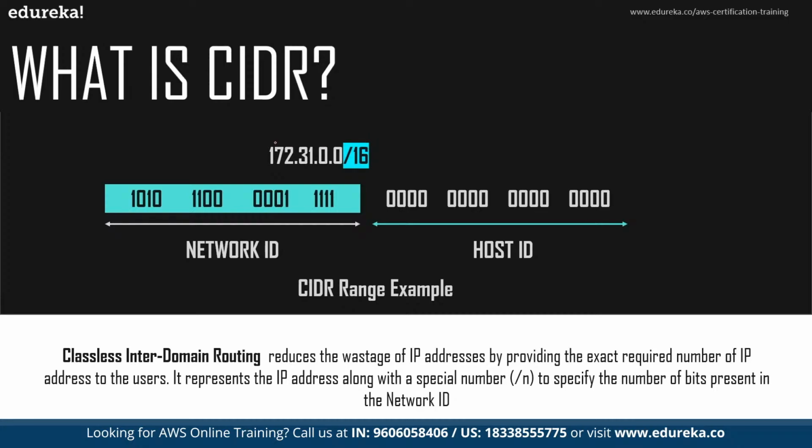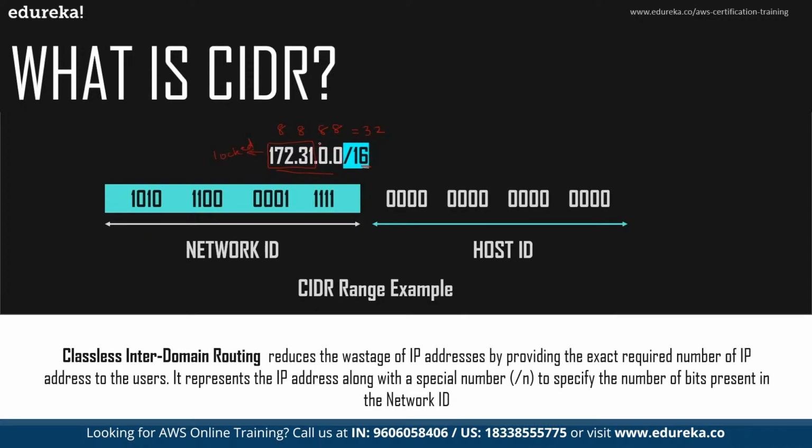As explained earlier, the IP address consists of 4 octets, and each octet consists of 8 bits. The 16 here denotes the first 16 bits out of these 32 bits which are locked. So in short, the /16 denotes that in this network, these 16 bits are locked. So what does it signify?